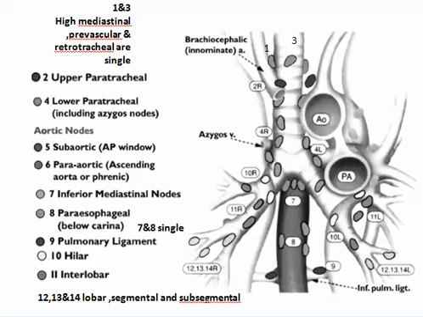Then we have upper paratracheal, this is number 2, and then we have lower paratracheal, lower down, and then we have subaortic nodes, number 5, and then you have para-aortic nodes.